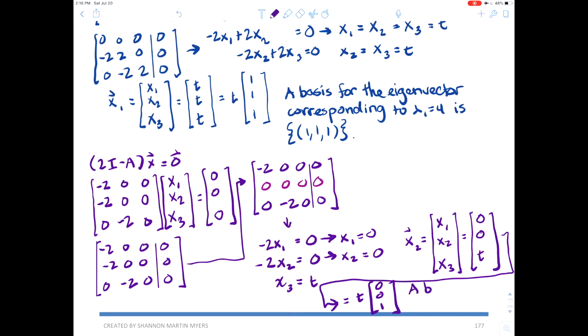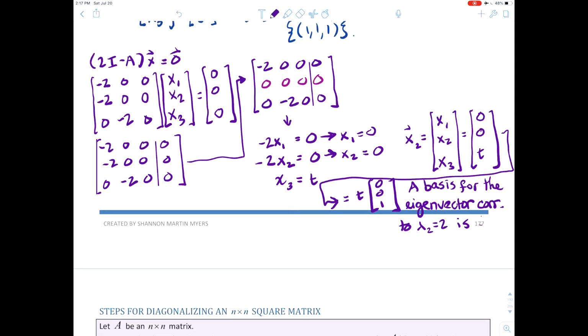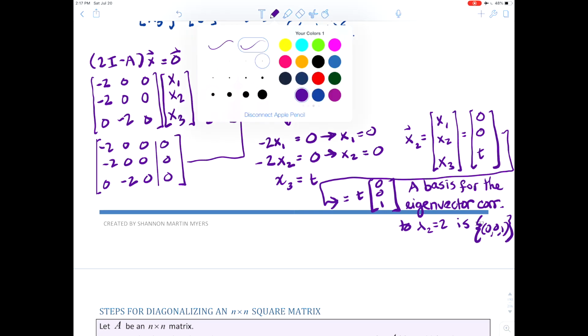So a basis for the eigenvector corresponding to lambda 2 equal to 2 is 0, 0, 1, right?